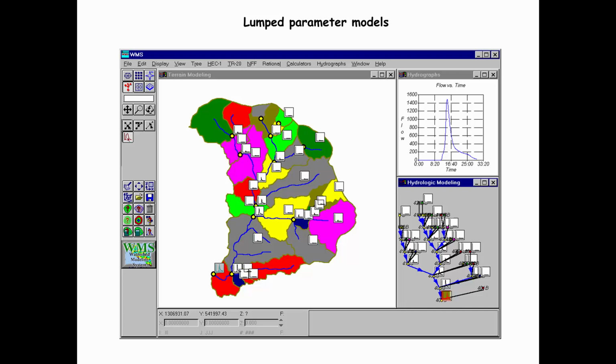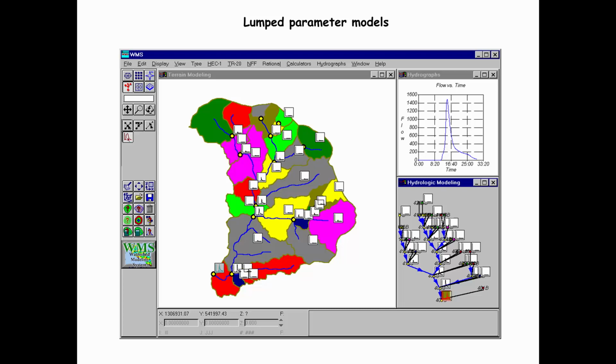The different colored areas probably have some variability in characteristics within each of them, but the parameters used for each colored area are constant, or uniform. And so we don't distinguish changing conditions within any one of those sub-areas.